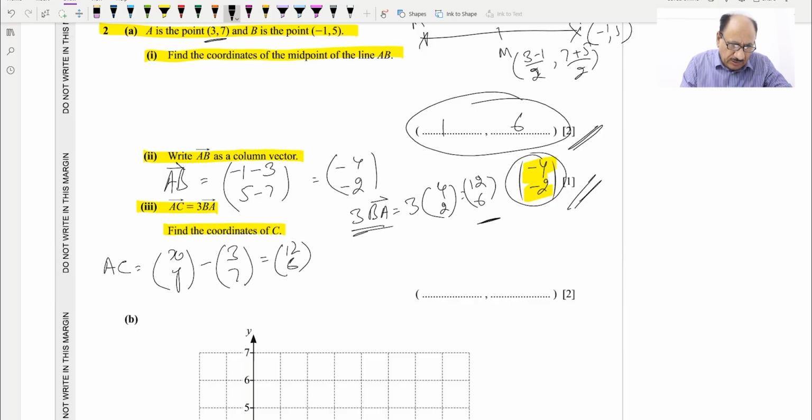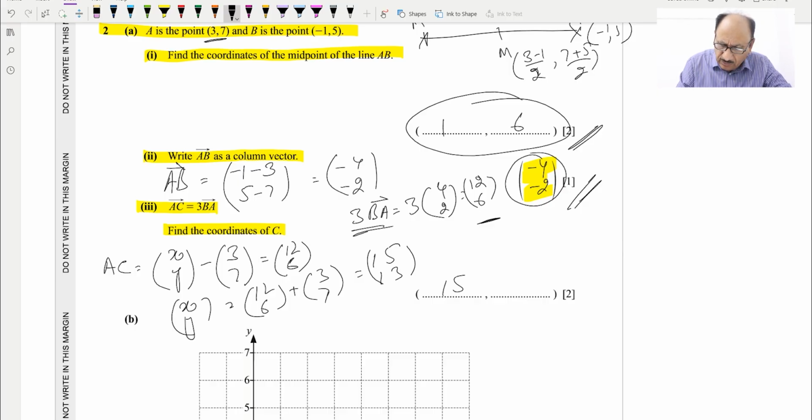So now we can shift 3 and 7 to the other side. So X, Y will be equal to 12 and 6 plus 3 and 7, which is equal to 15 and 13. This will be the answer. 15 and 13 will be the answer for 2 marks.